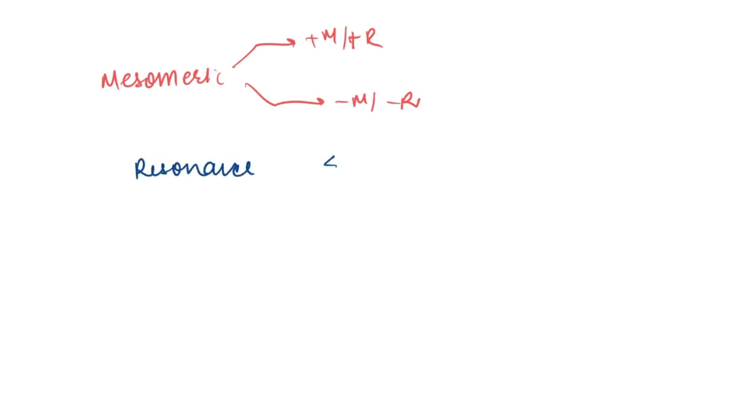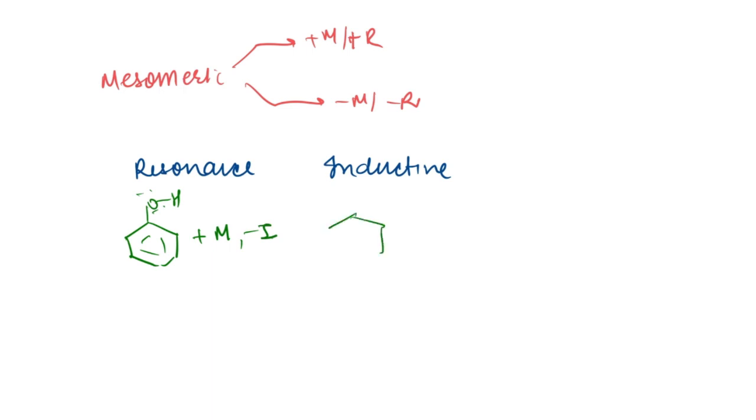Let's talk about some examples. When I talk about phenol, we know phenol has a tendency to donate the electron, plus M, and it also has a tendency to pull the electron through the minus I. If I talk about another example, like halobenzene, or NHC double bond OCH3, or halogen, it has a tendency to donate the electron and pull the electron as well.